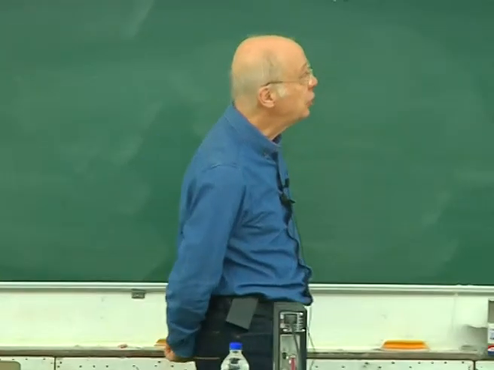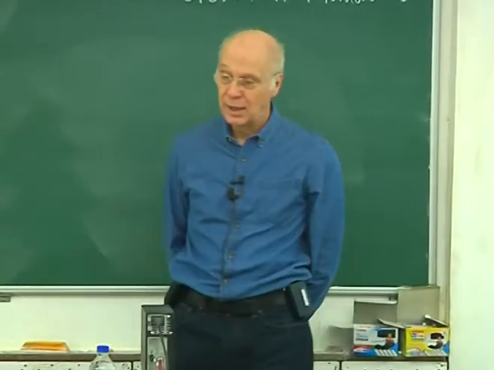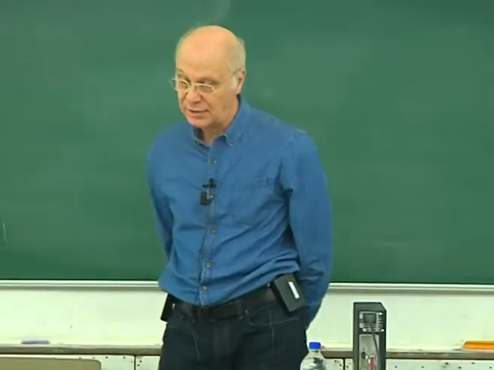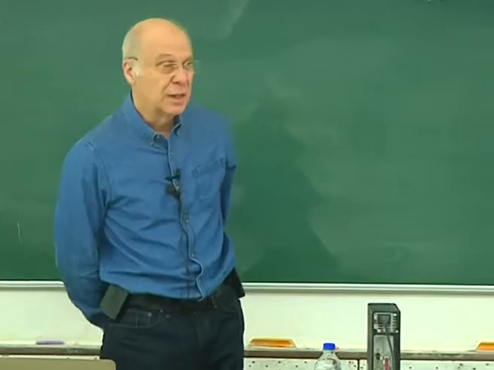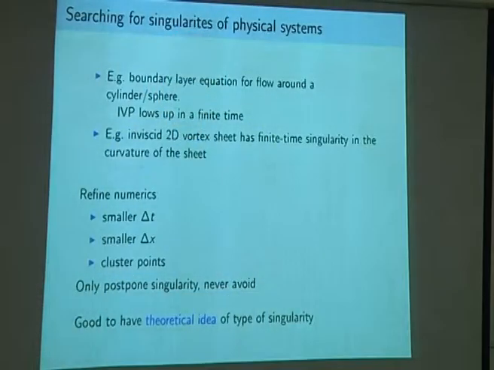Okay. Another issue is searching for singularities of physical systems. So if you take potential flow around a sphere, or potential flow around a cylinder, you know how the tangential velocity is increasing to the extremity, and then it starts to slow down towards the rear stagnation point.